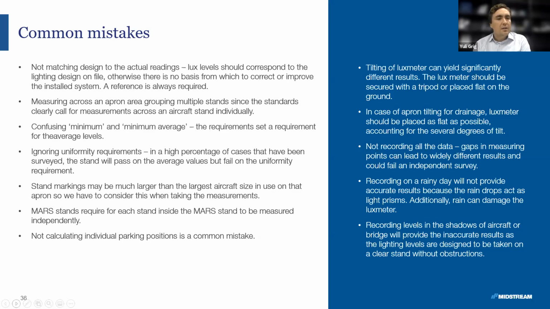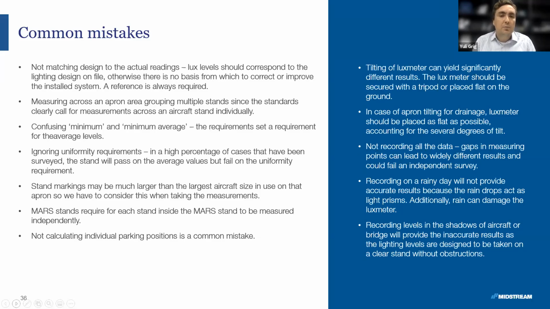Another common mistake is measuring across an apron area, grouping multiple stands. The standards clearly call for measurements across an aircraft stand individually. So if we're grouping them together, we're not doing that correctly.